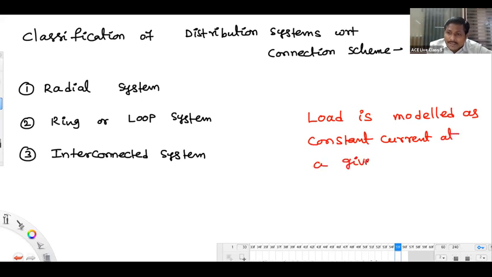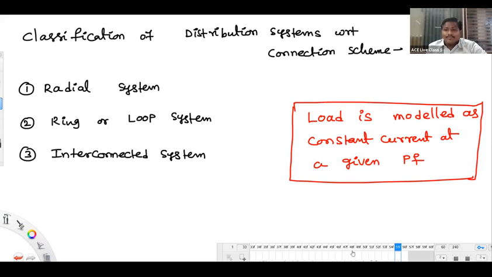A given power factor means power factor is also constant. This is a very important statement to remember in distribution system analysis.